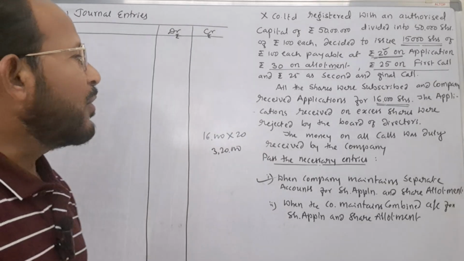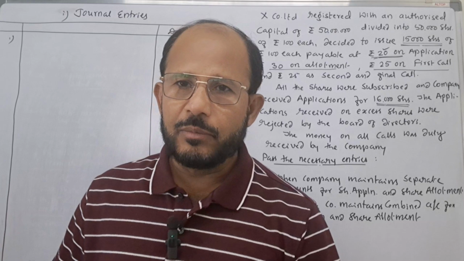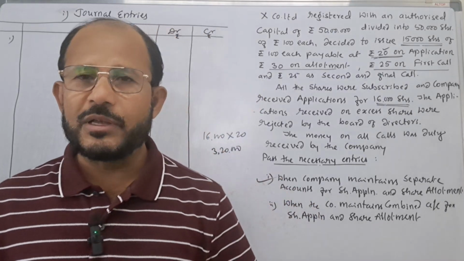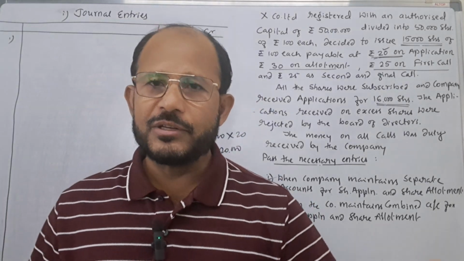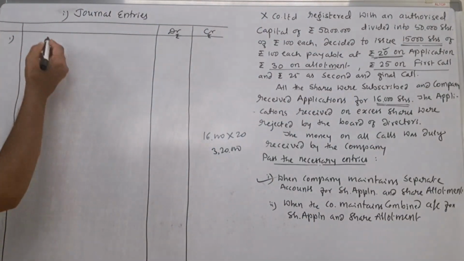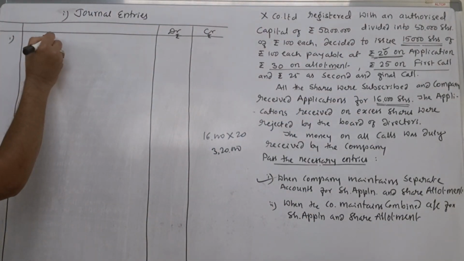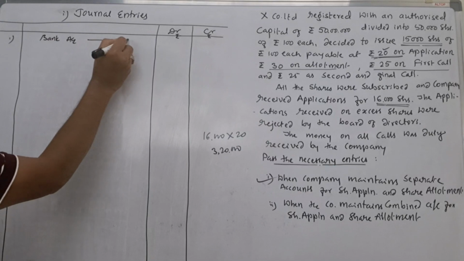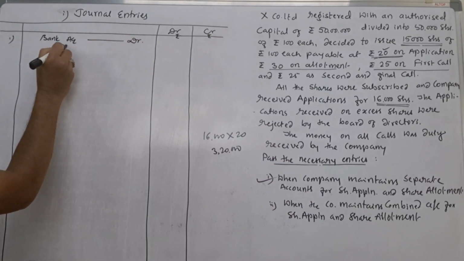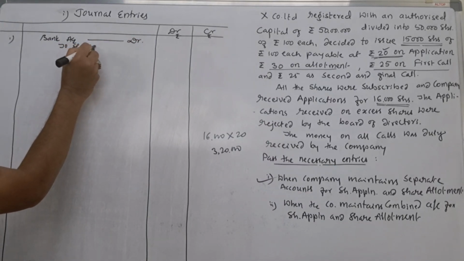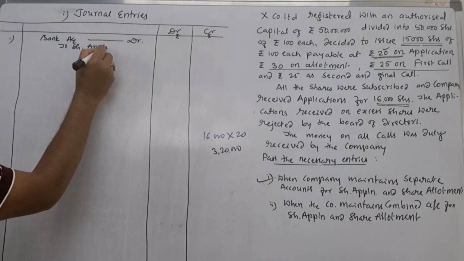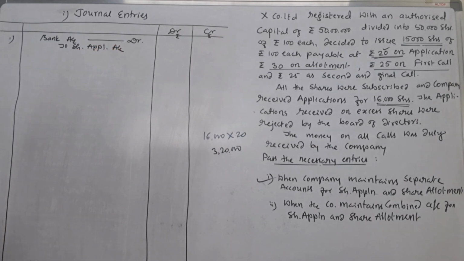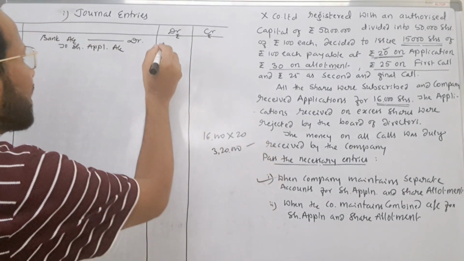Whenever application money is collected, what journal entry do you pass? Bank account is to be debited and share application account is to be credited. That is why the first journal entry I am going to write here: bank account is debited to share application account, with the amount of rupees 3,20,000.